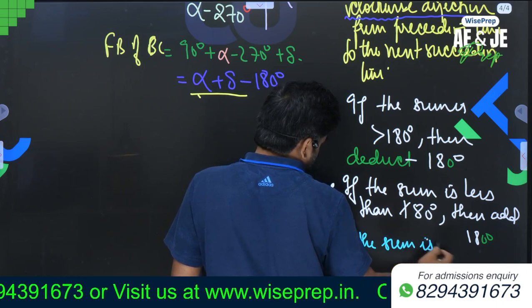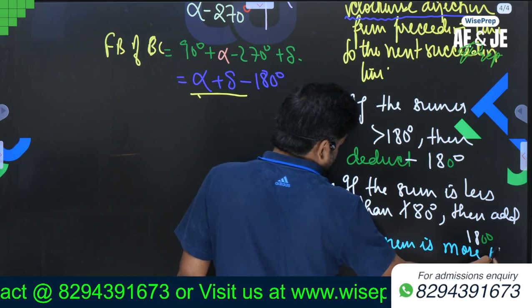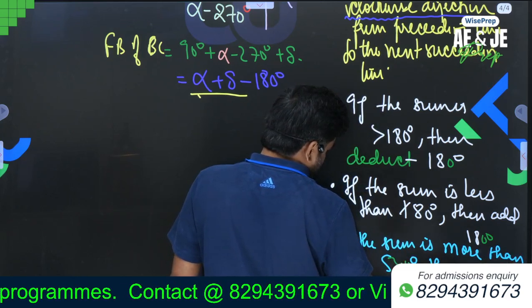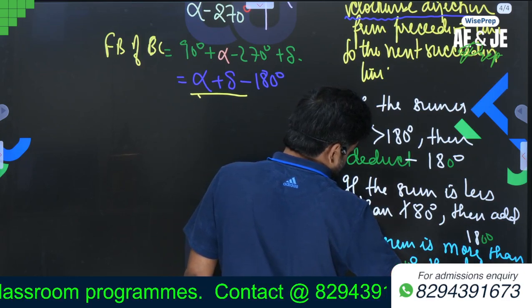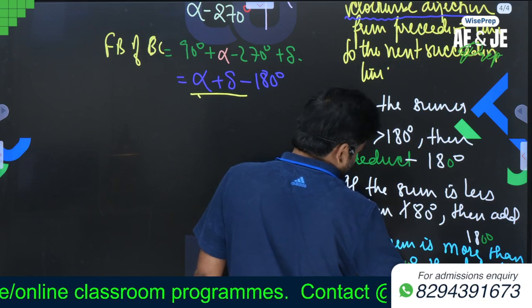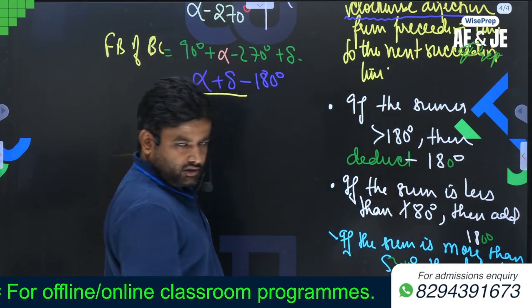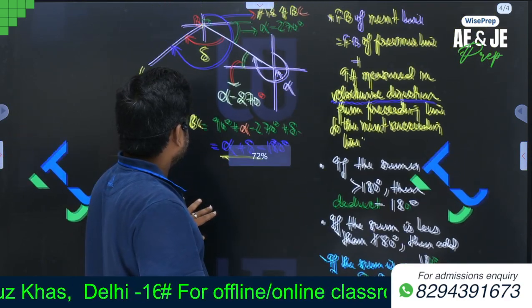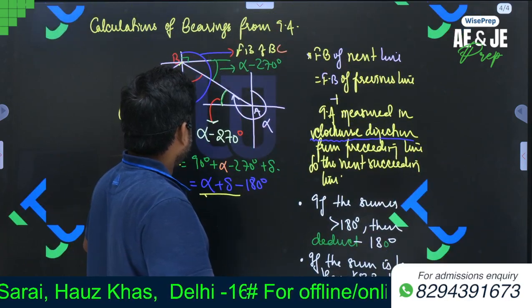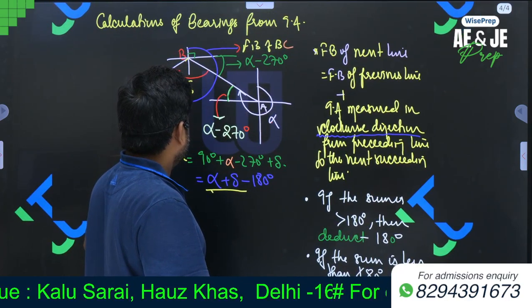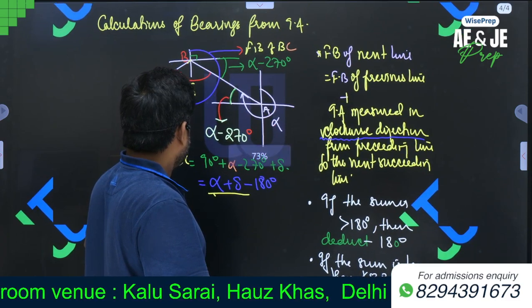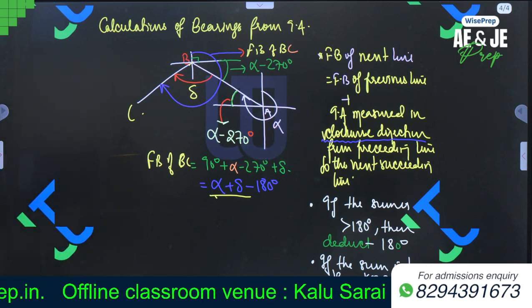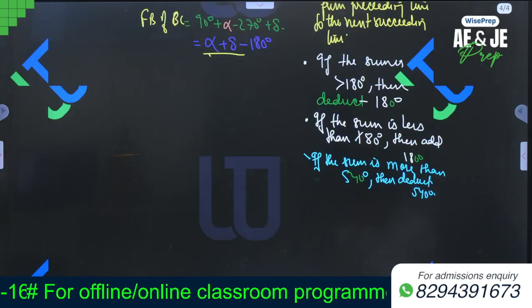If the sum is more than 540 degree, then deduct 540 degree. Got it? So write down a question.